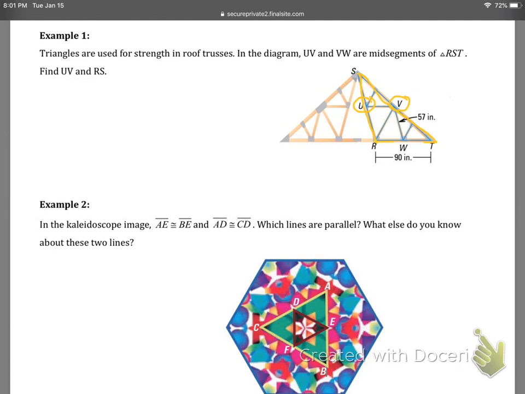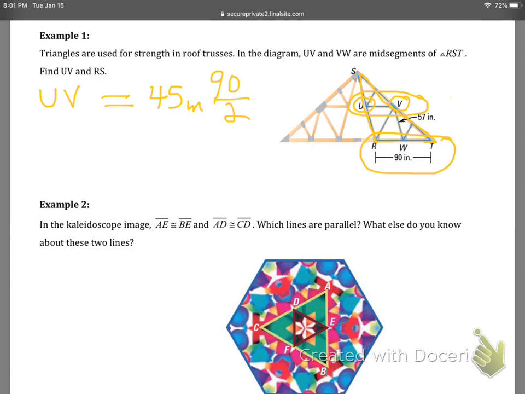So if this is the mid-segment, and it's parallel to RT, and it's also half of the length, therefore UV will measure 90 divided by 2, 45. And it's inches. So I did 90 divided by 2.